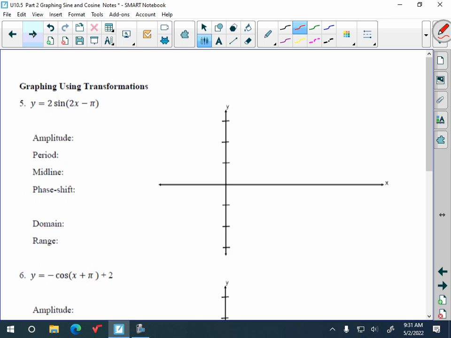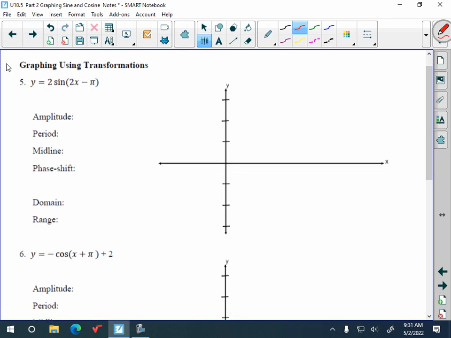All right, so now let's go ahead and start graphing. All right, amplitude and period is the same as what we did on Friday. So amplitude, absolute value of A, which is going to be 2. Period, we're going to do 2 pi divided by 2, which would be pi.